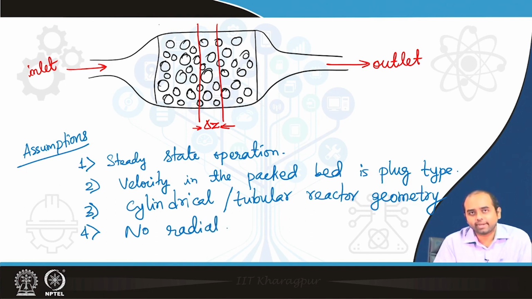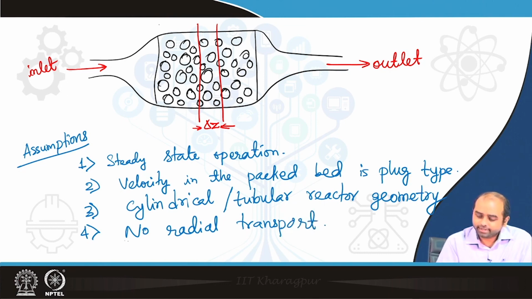This is not a practical assumption, but at least for this problem essentially we can get a very realistic idea of the dynamics of the process model even without this radial transport mechanism, but of course I must say that this is an assumption that you should relax to get a more practically relevant idea.